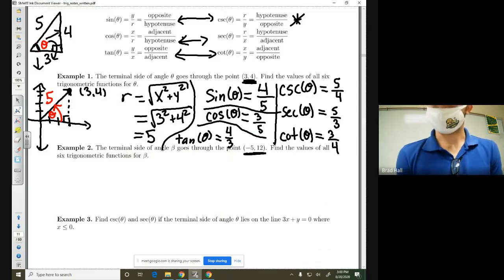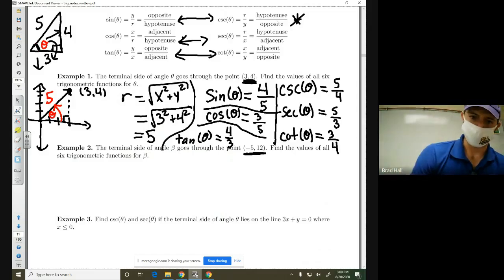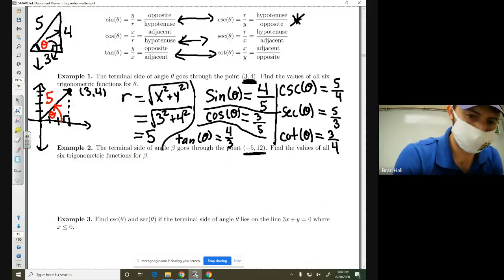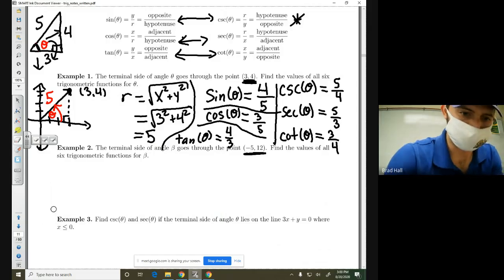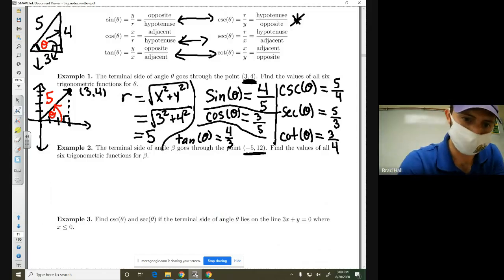We have a new point. So let's go ahead and draw a graph. I'm going to draw it in a certain way. Since we're going to have to go to the left, I'm going to make more room for the left part.